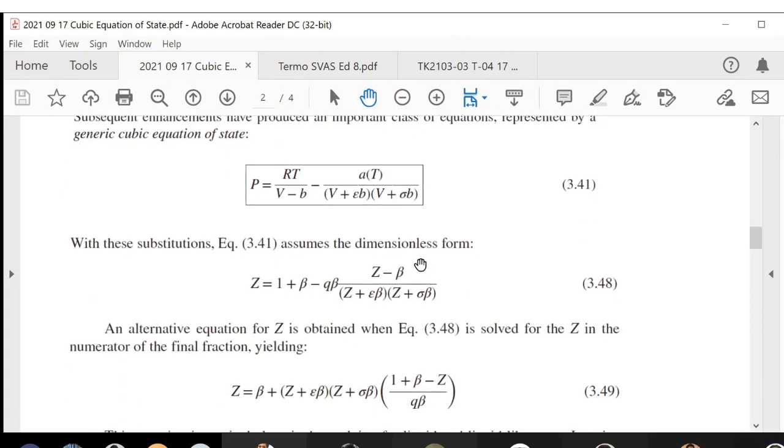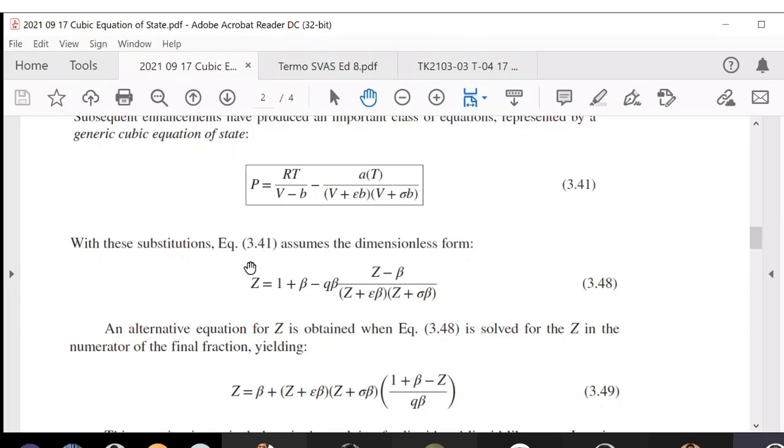Then there is a generic equation of state that can be valid for any modification. We have the term RT over V minus B, and then over here there are other parameters: epsilon, sigma, and A as a function of T. Let's check. It is just simple mathematics.